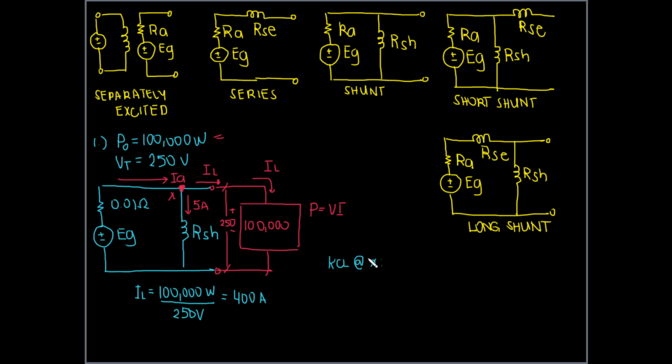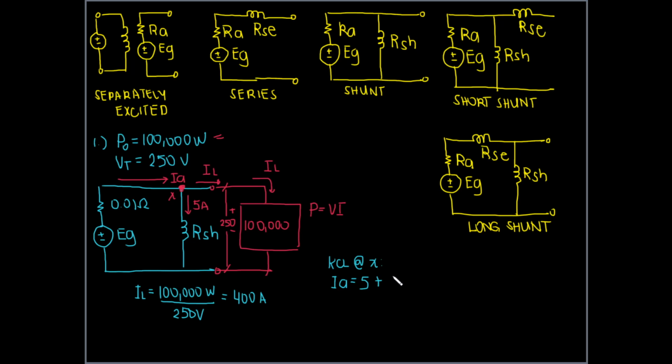Okay? KCL states that currents entering a node is equal to the currents leaving that same node. What are the currents entering the node? We only have one current entering the node. It's IA. What are the currents leaving that node? We have 5 and IL.